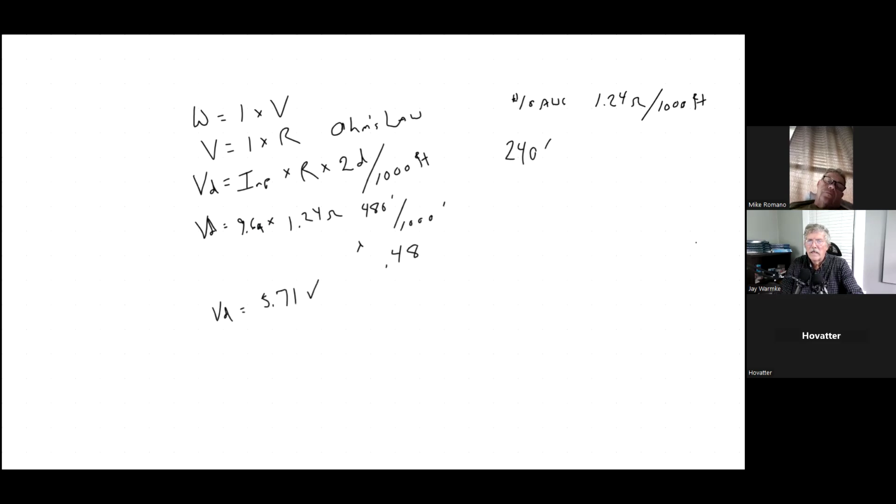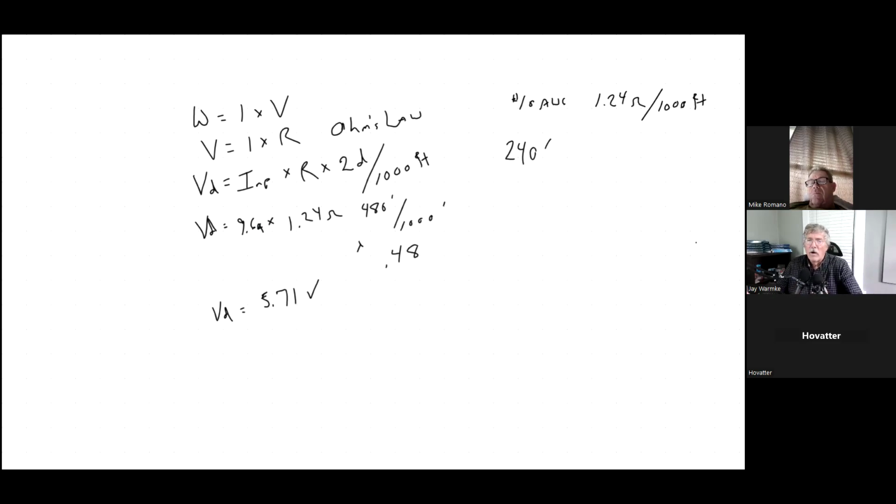All right, so basically what that's saying is from one end of the circuit to the other, that 240 feet, I'm going to lose 5.71 volts of power. So whatever it starts out at, it's going to end 5.71 volts less.